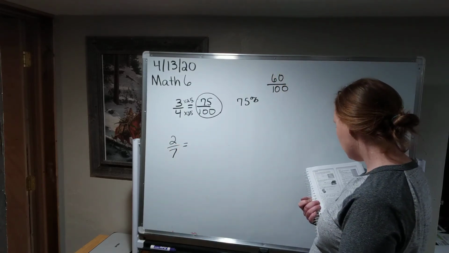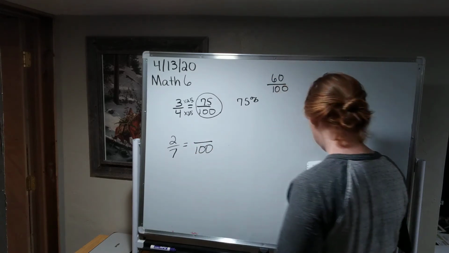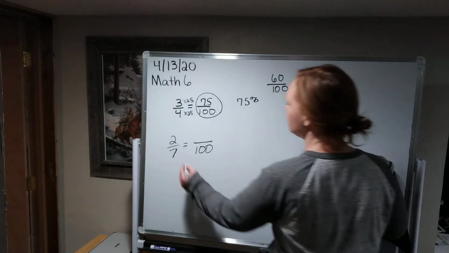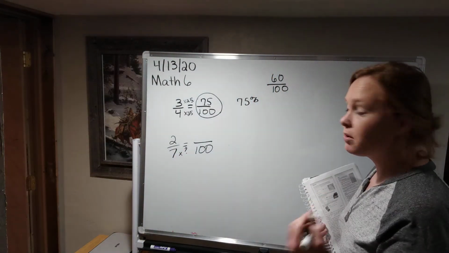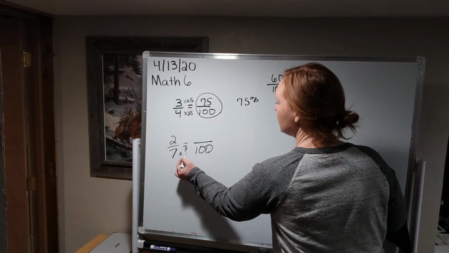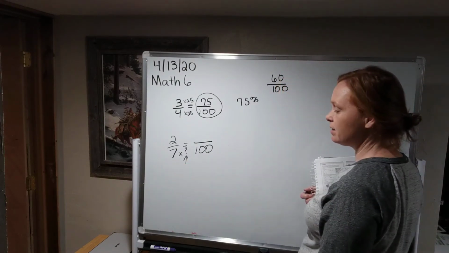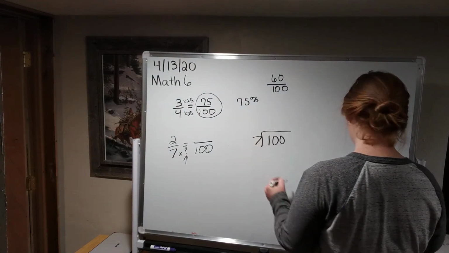Okay, so we want to get something over 100. Okay, well, 7 times what equals 100? That one's a little bit harder to see. So what I'm going to do is use a fact family, and I'm going to say 100 divided by 7 will give me this number that I need. Okay, so 100 divided by 7.